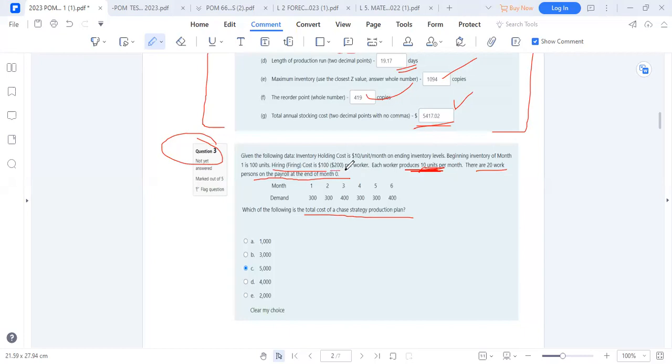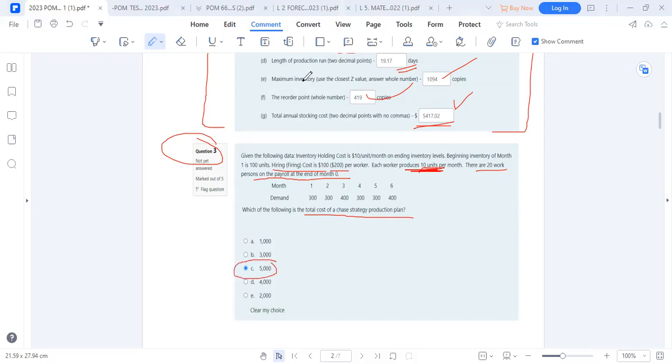Take 30 times 100, which is 3,000. Then layoff. So that's how the answer is 5,000 all in all. So that's how the answer is C.